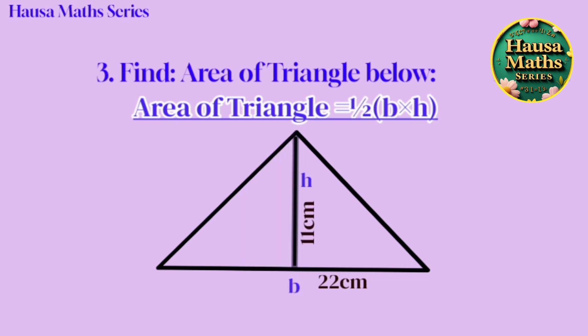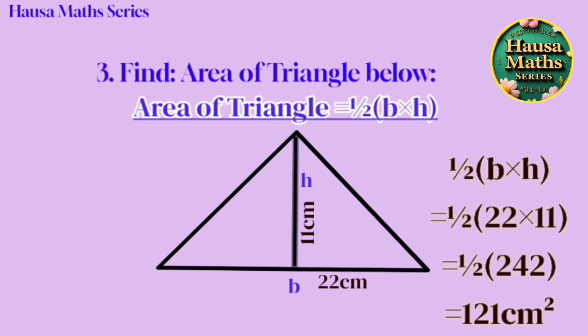By using the formula, we have 1 over 2 times base times height, which is 1 over 2 multiplied by 22 times 11. 22 times 11 is equal to 242. When you multiply it by half, it will be 121 centimeters squared. So that is the exact value of the area this triangle occupies. So we have found the area of the triangle.